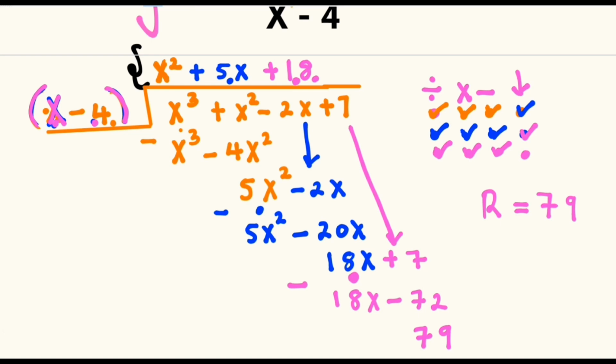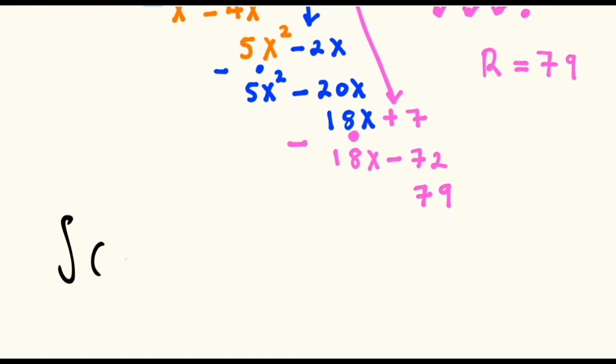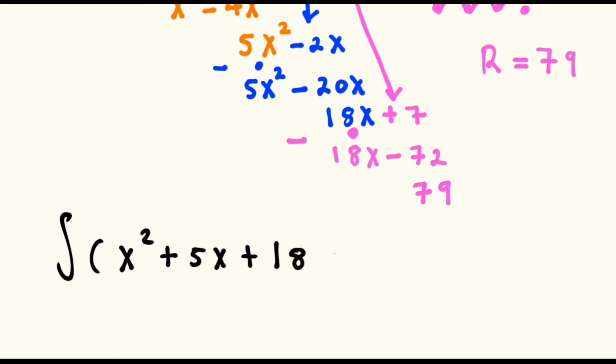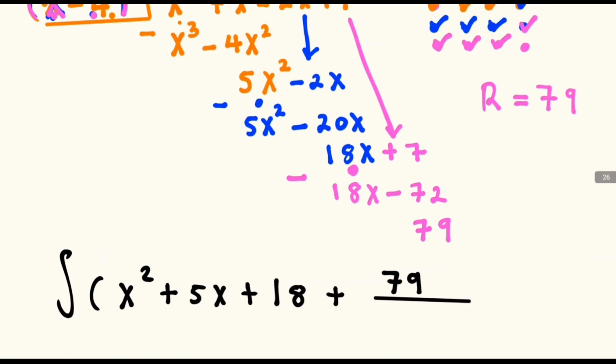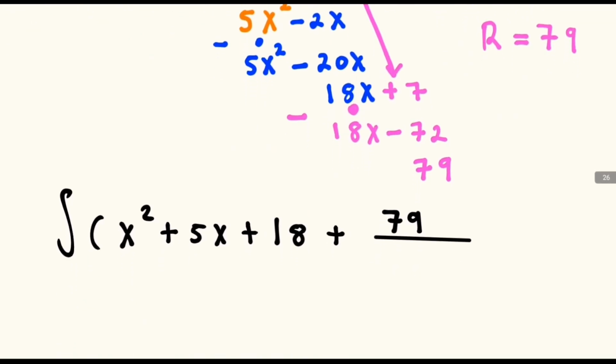We have that x squared plus 5x plus 18. So we'll have the integral of x squared plus 5x plus 18. We have our remainder, which was equal to 79. We divide the remainder by the x minus 4, and we have our dx.